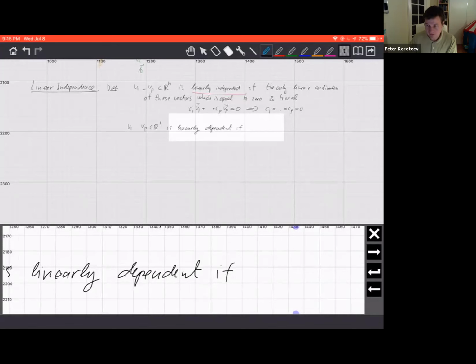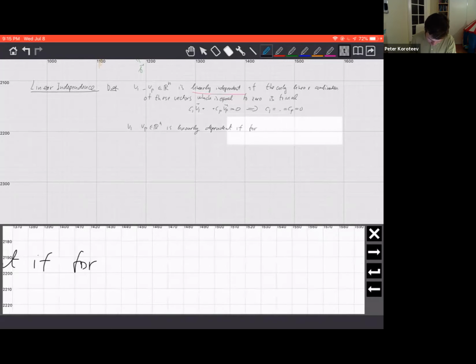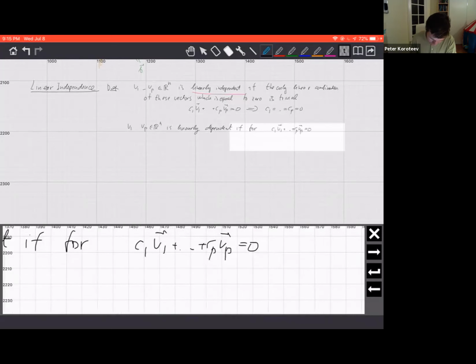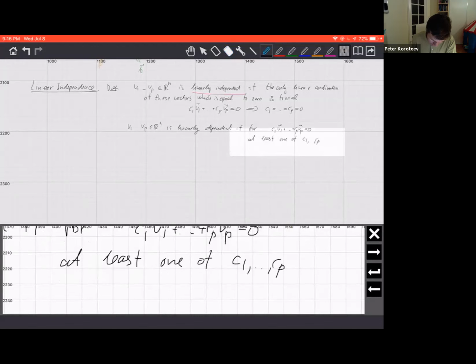Well, in the same setup, if there is a non-trivial linear combination, C1 V1 plus and so on plus CP VP equals 0, where at least one of the coefficients C1 through CP is non-zero.